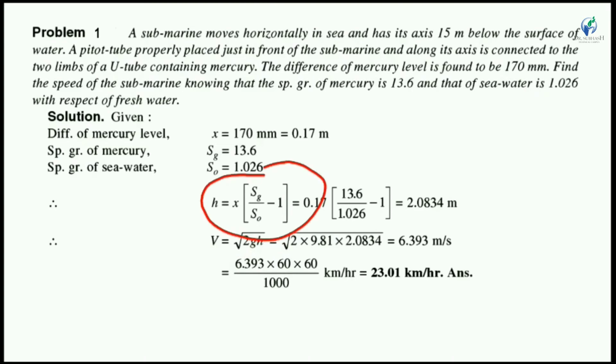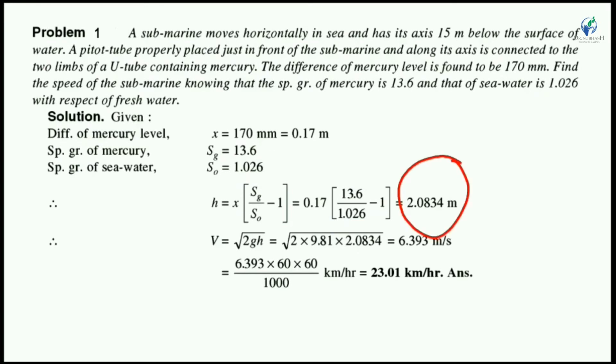And we know that the value of h can be found from this equation in the case of a manometer. So h is equal to x times (Sg upon S minus 1). Sg is the specific gravity of the heavy liquid, so it's mercury, and the value is 13.6, and the specific gravity of the light liquid, seawater, is 1.026, minus 1.